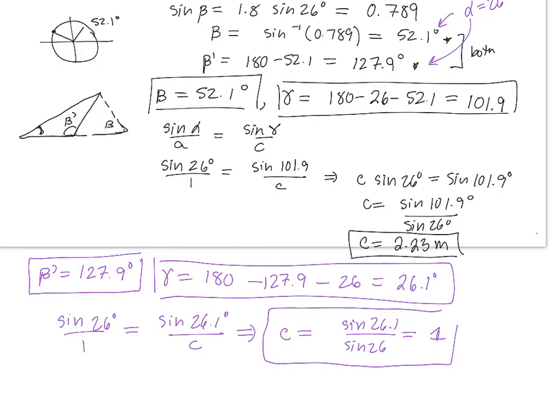But my point is that the stage at which you check to see if you have two possibilities is this stage. When you find those two angles, do those two angles plus whatever you were given add up to less than 180? That's how you know if there are two possibilities or not.